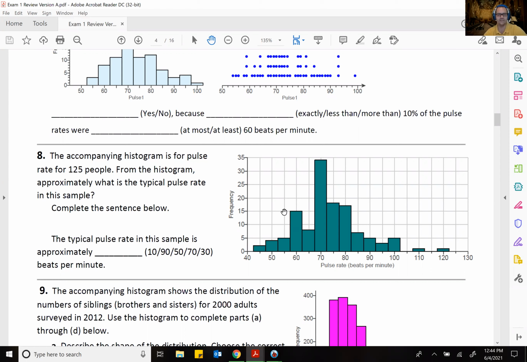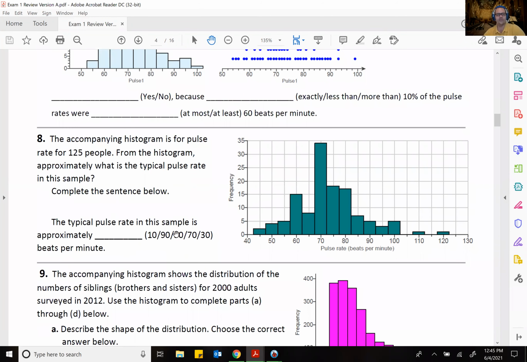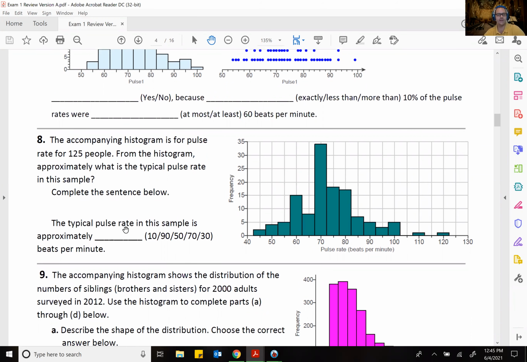Maybe this represents males versus females, much like the example of the marathon runners, where we had Olympic runners and amateur runners. But when it comes to the typical pulse rate, or anything being typical, look for the largest bar. That's going to be your answer.